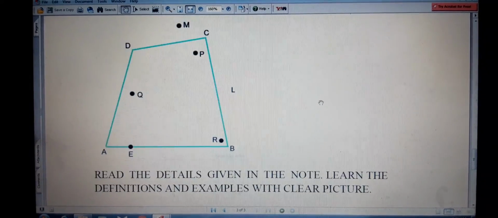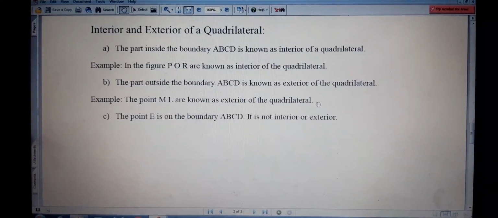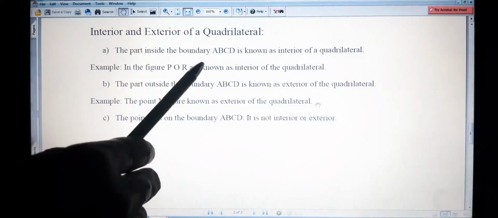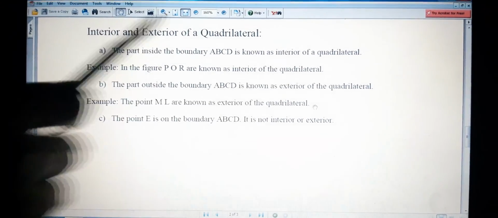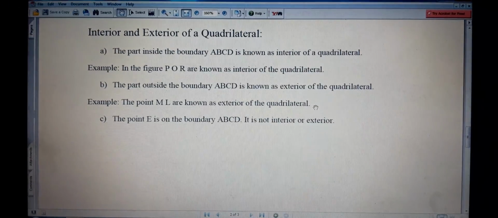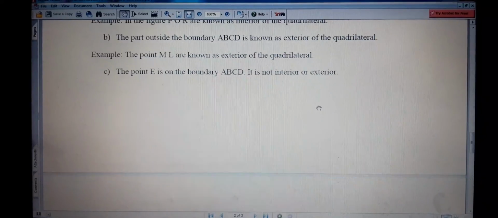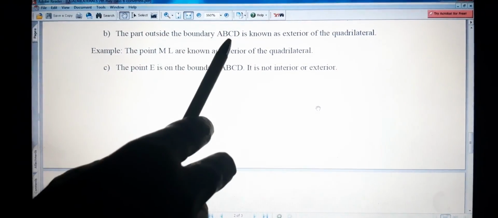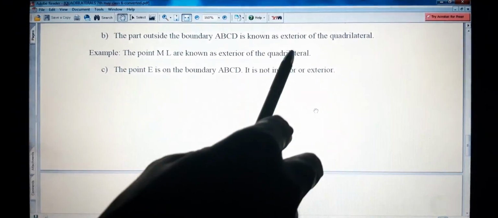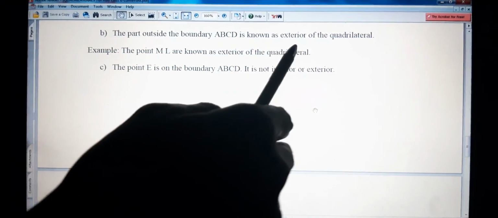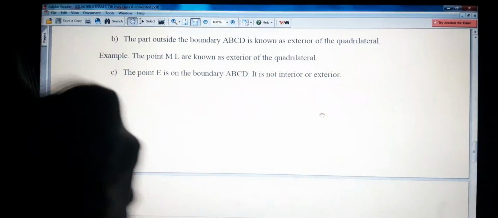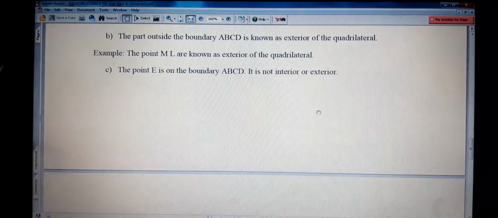So we can conclude like this: the part inside the boundary ABCD is known as the interior of a quadrilateral, meaning P, Q, R are in the interior, and the part outside the boundary ABCD is known as the exterior. Here are two points M and L, outside the quadrilateral.